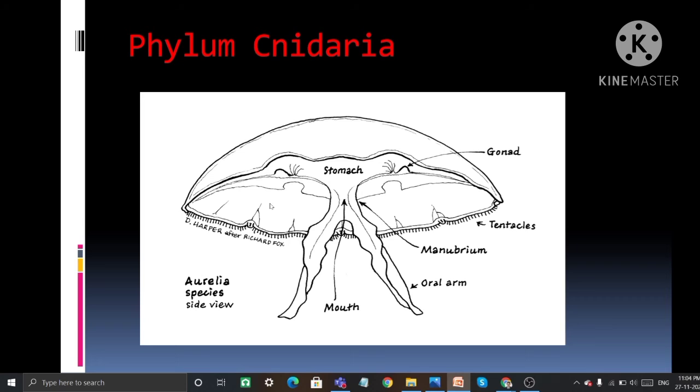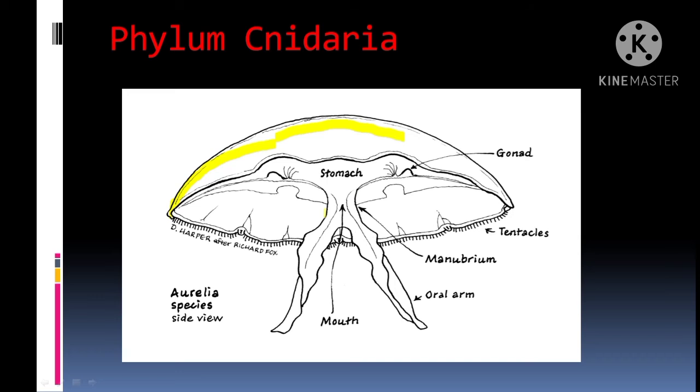These organisms show oral arms and tentacles. You can see here the numerous tentacles located on the body of the organism. This part looks like an umbrella shape, and at the lower side it shows a number of tentacles.